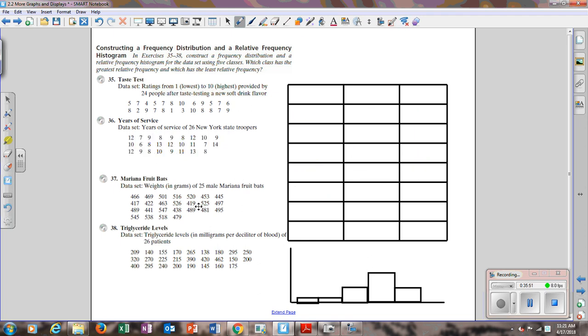Alright, 37, lowest number, $417, highest number, $547.